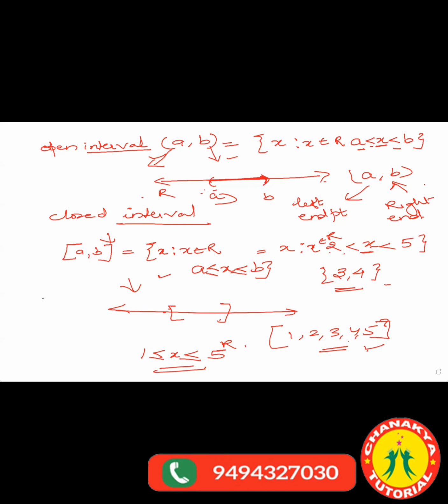Now next is open closed interval. Now open closed interval.